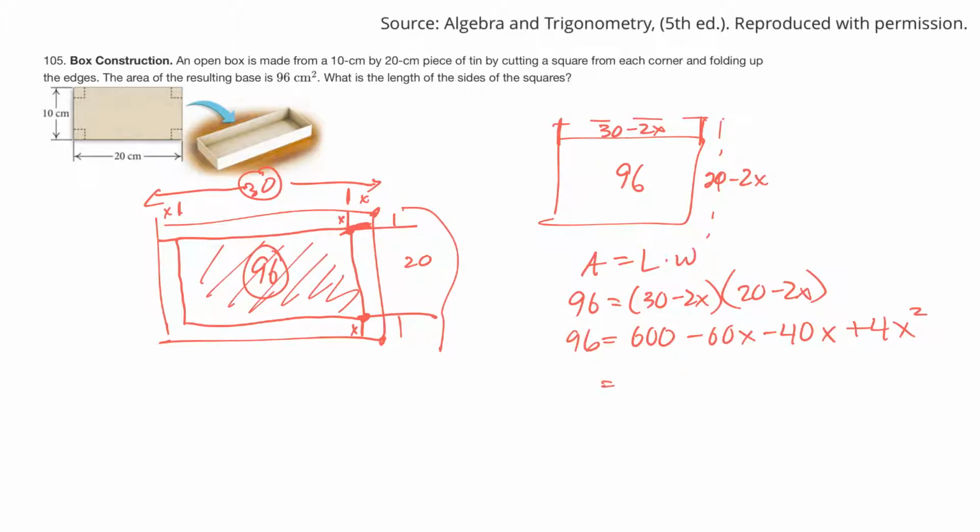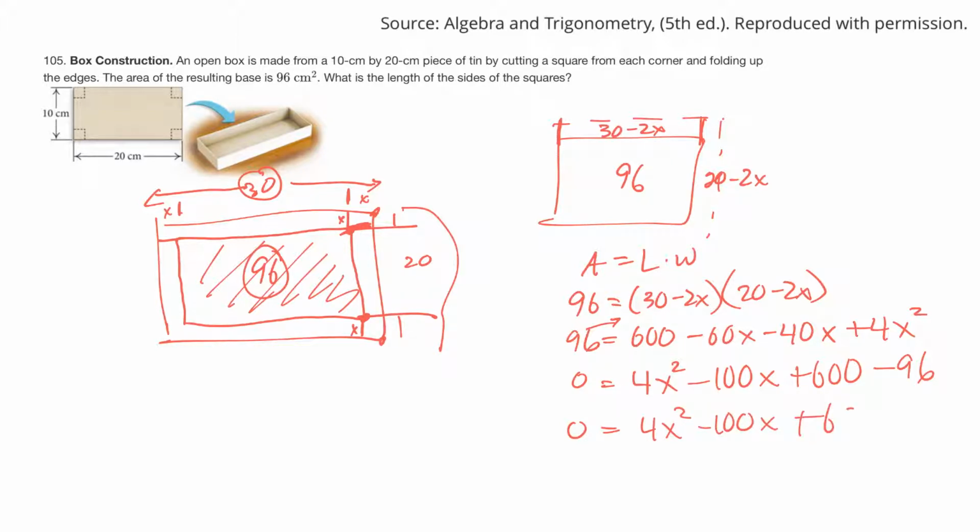So I'll have 4x squared minus 100x plus 600. And then I'll bring this over, minus 96 equals 0. So 4x squared minus 100x plus 600, oh no, 600 minus 96, that would be 504.